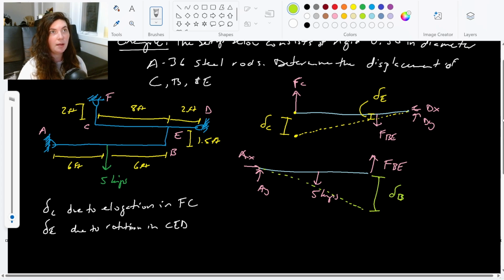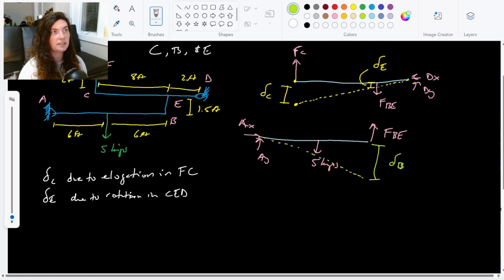Right? So this top, displacement of B is due to the rotation in CDE.